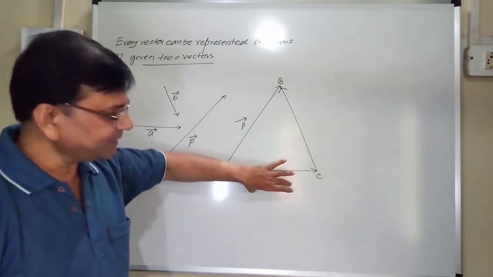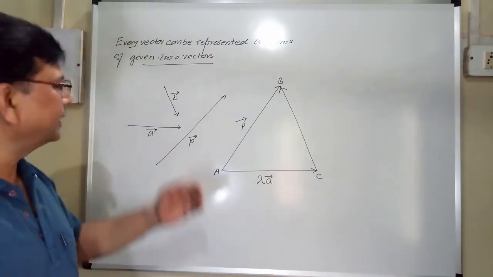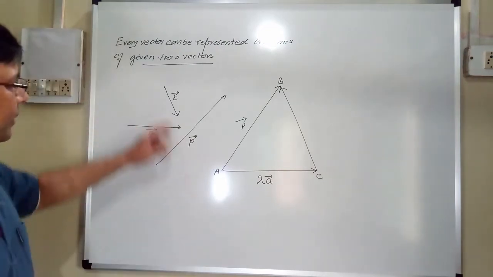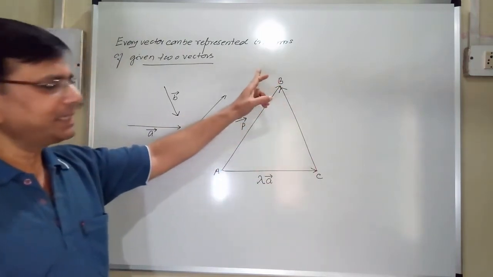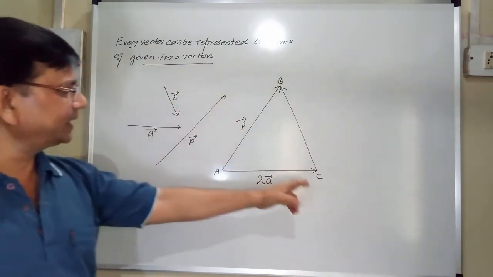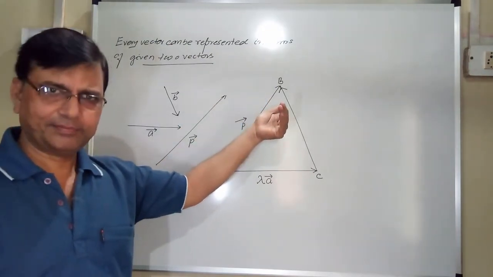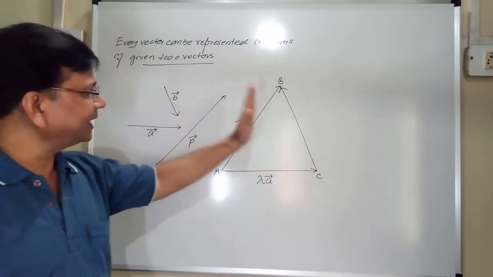So this AC vector has to be a scalar multiple of the vector A. In the same way, now this is B. So I have changed the direction, just parallel to this, the opposite, that will be negative, right? That is some scalar multiple of B.